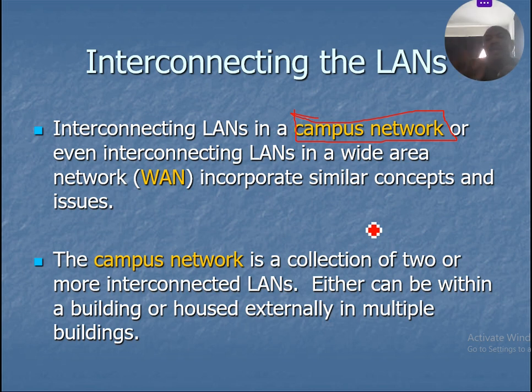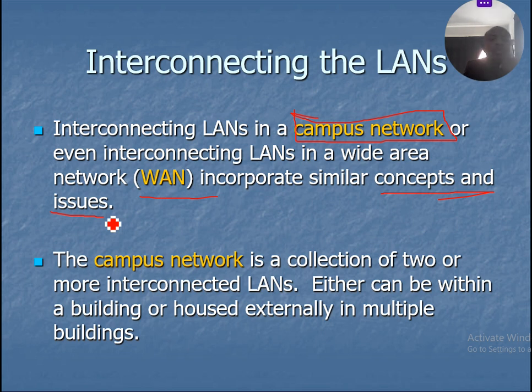When we extend multiple LANs within a given geographical location, we have succeeded in creating a wide area network. A wide area network incorporates similar concepts and issues as the local area network. Remember, a wide area network is actually multiple local area networks transmitted using radio frequency over a wide area.